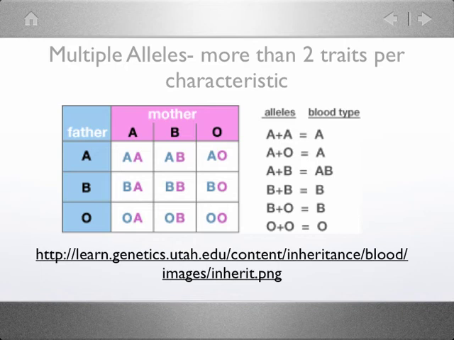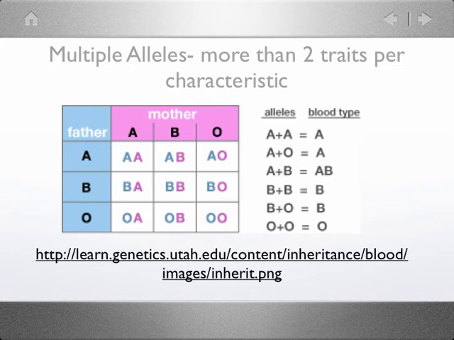The third one, multiple alleles, so more than two traits per characteristic. And so here you see all the possible blood types or alleles for the human population, which we talked about, A, B, O. In the middle are all the possible genotypes, and so you can be big A, big A. You could be AB, you could be AO, and likewise going down, these are all the possible genotypes.